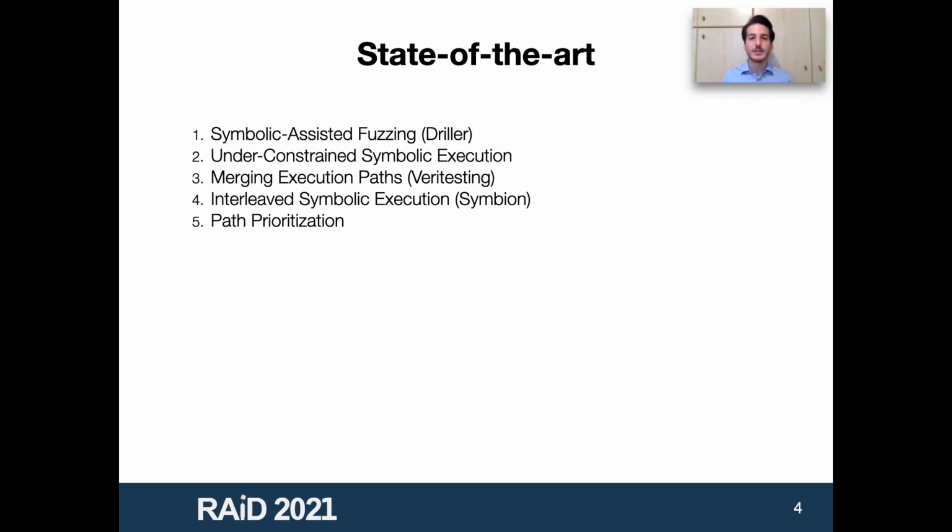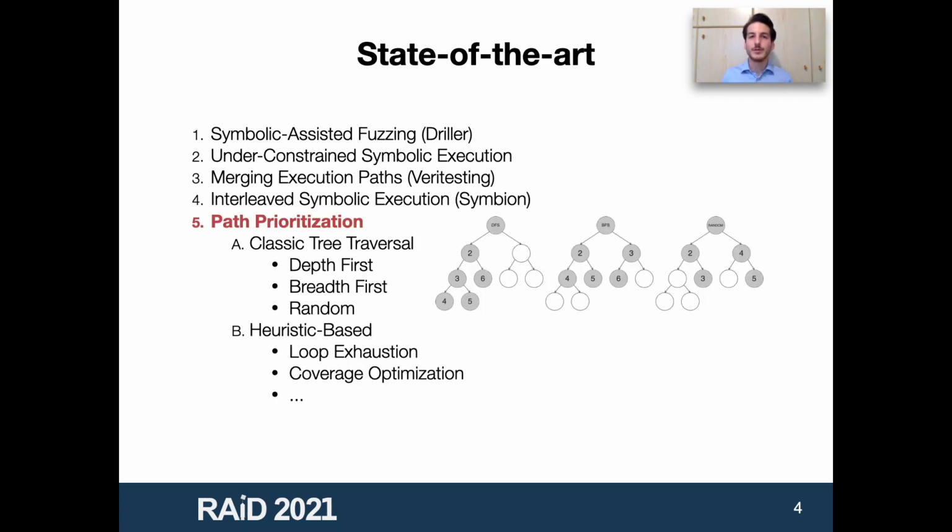Finally, path prioritization is what we will focus on in this presentation, and consists in choosing the best subset of execution paths while maintaining a pure symbolic execution approach. Path prioritization techniques are classified as either classic tree traversal or heuristic-based.